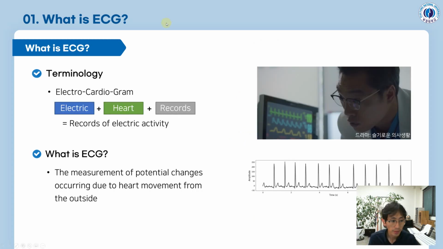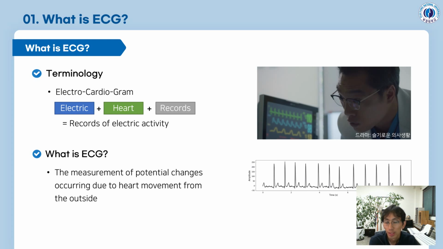Electrocardiogram is a combination of three words. So electro, it means electric, right? Electro is electricity, so basically we are talking about electric. And cardio means the heart.